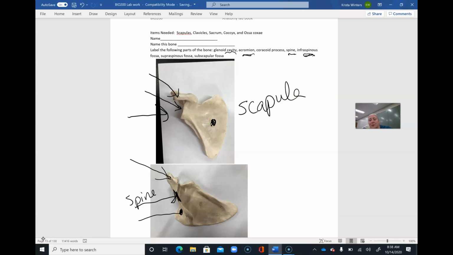In the supraspinous fossa, we have a muscle called the supraspinatus. In the infraspinous fossa, we have a muscle called the infraspinatus. And in the subscapular fossa, we have a muscle called the subscapularis.